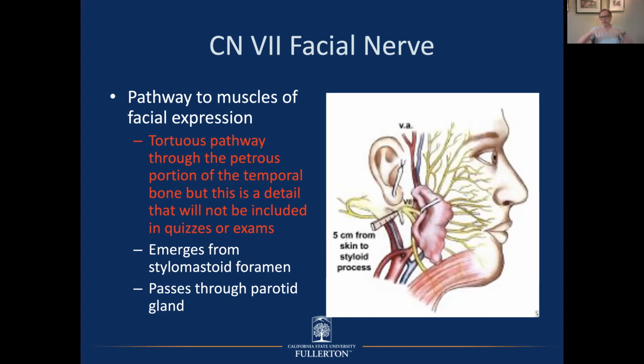And then it breaks apart and goes all over the face. As you can see, all these branches are going to all muscles of facial expression. But the significance of it is that sometimes people do have to have a parotid gland, which produces saliva, removed for various medical reasons, and that can be a challenging surgery to make sure that there is not damage to the facial nerve. All right.